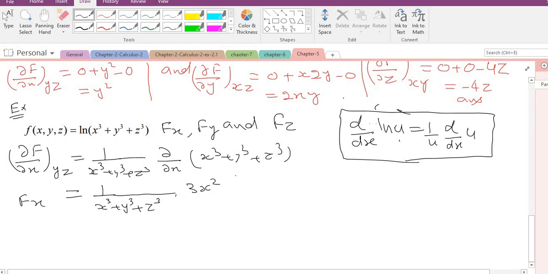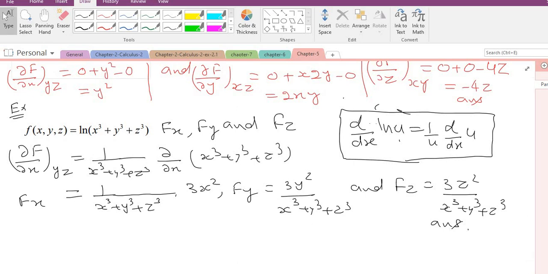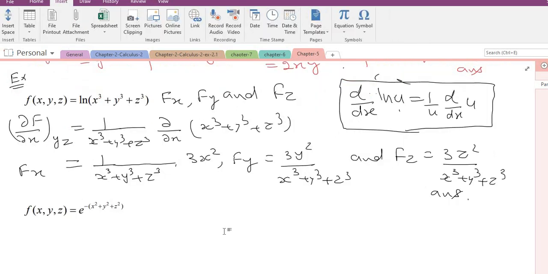Similarly, we can write f of y this way: 3y square divided by x power 3 plus y power 3 plus z power 3, and f of z is 3z square divided by x power 3 plus y power 3 plus z power 3. This is the answer of that question by using chain rule. Hopefully you understand. Now I am picking another example from that one.